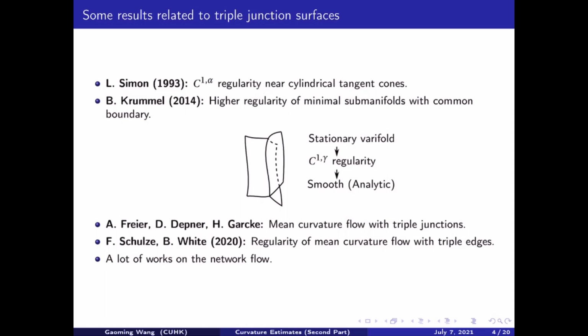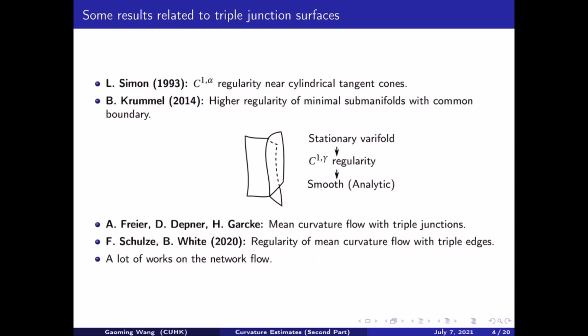If you look at this picture, basically, Simon's result tells us if we have a point with density 3/2 on a stationary varifold, then near this point, this varifold looks like a C^{1,α} triple junction surface, and it is minimal in some sense. Krummel's result shows we can actually improve a C^{1,α} triple junction surface to be smooth, or even more. It is analytic if we only consider the ambient space to be R3.